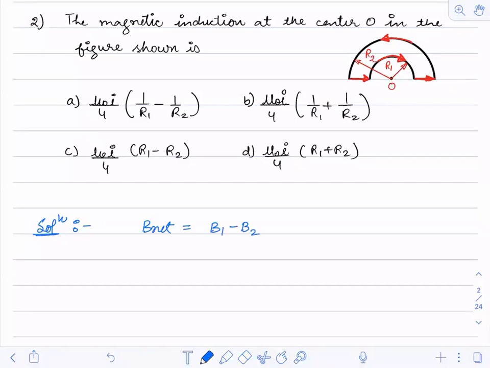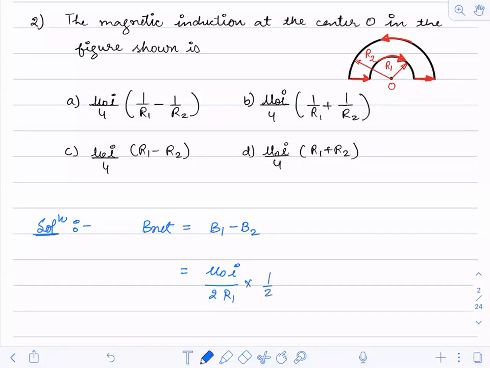Is it okay? Now, what is B1? How will I write that? Mu naught I, because the same current is flowing, divided by 2 into R1, into 180 by 360, which will give me 1 by 2.